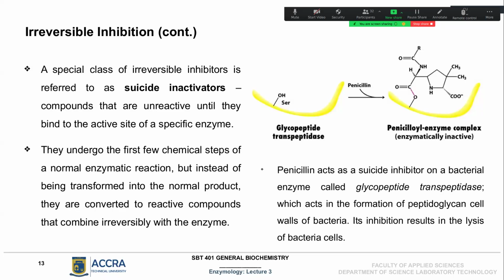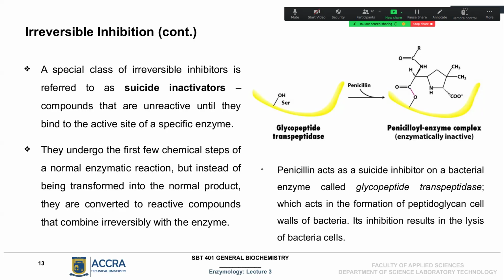All right. Now, another example is to do with the activity of penicillin, a common antibiotic. So you remember we talked about the cell wall of bacteria being made up of peptidoglycan.